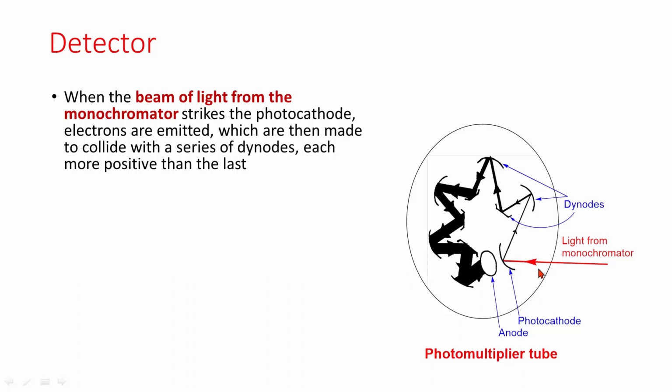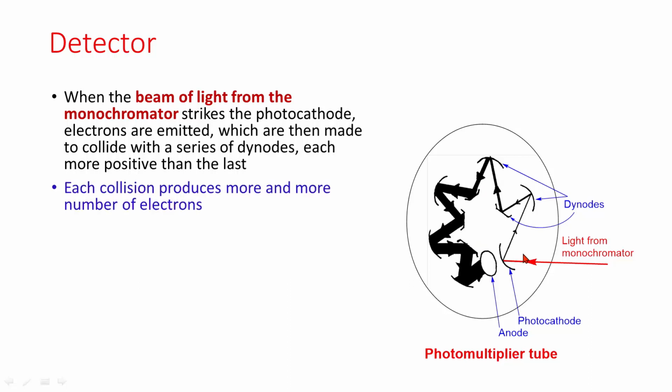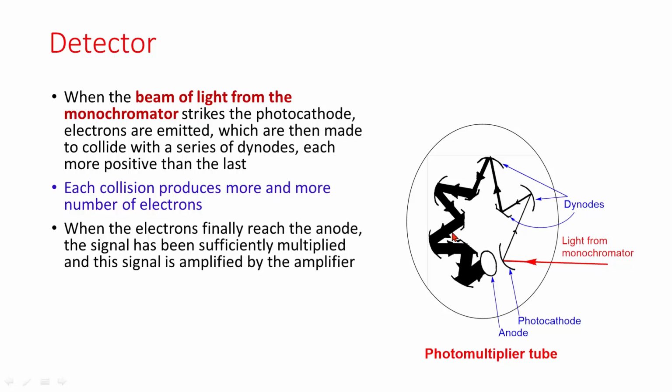When the beam of light from monochromator strikes the photocathode, electrons are emitted, which are then made to collide with series of diodes, each more positive than the last. Each collision produces more and more number of electrons.